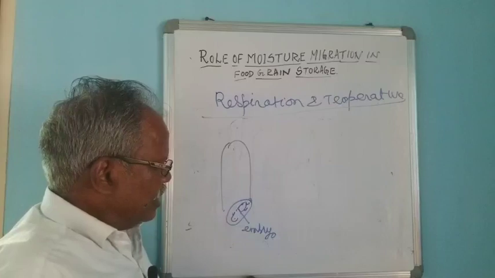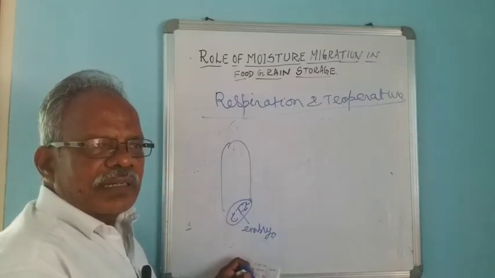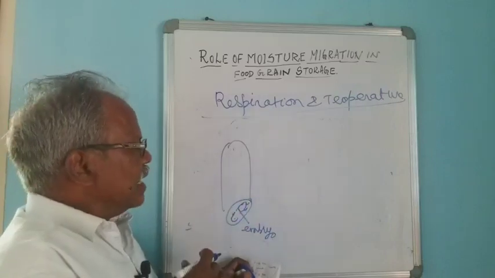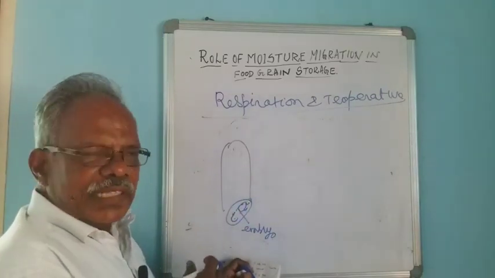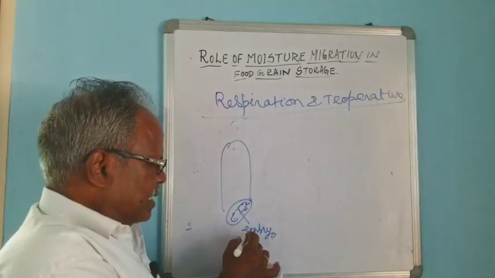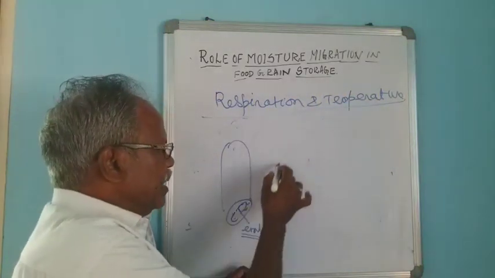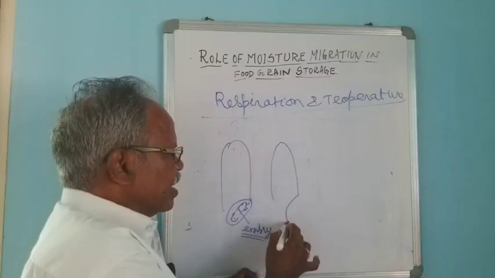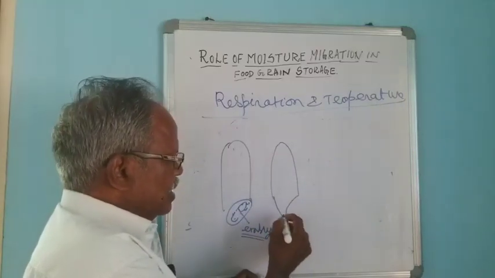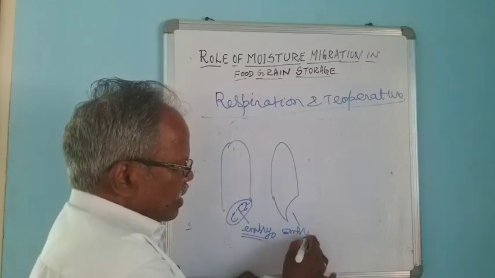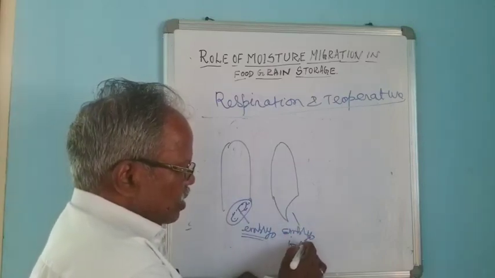So a developing young plant is inside the rice or wheat. If it is wholesome, then that is called the embryo. In the case of rice, during milling, we are removing the embryo. The embryo is removed.